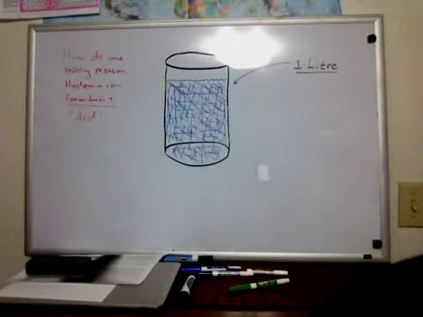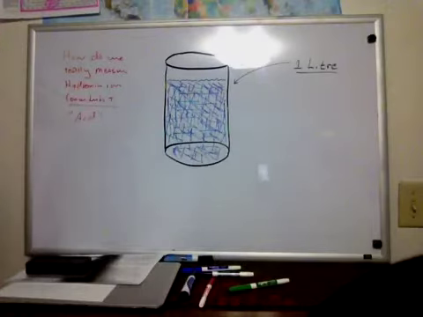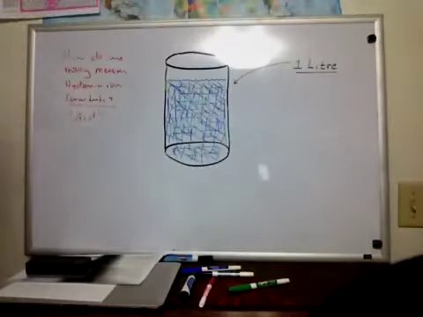Because clearly when we're talking about individual atoms, to measure individual atoms, we're going to be talking about very, very incredibly large numbers. And what is that special number that allows us to transition from the microscopic world into the macroscopic world?